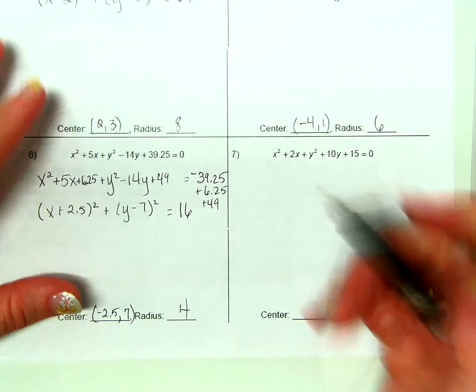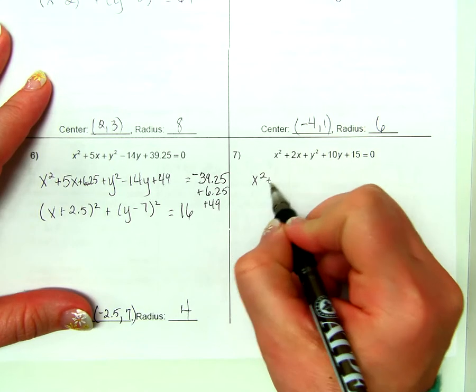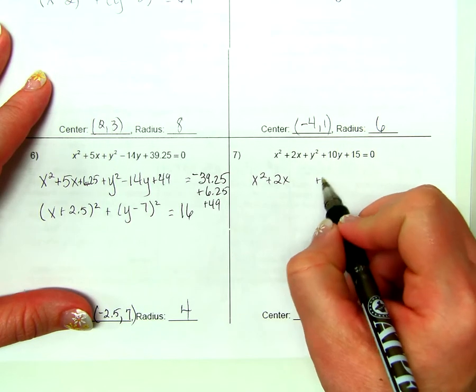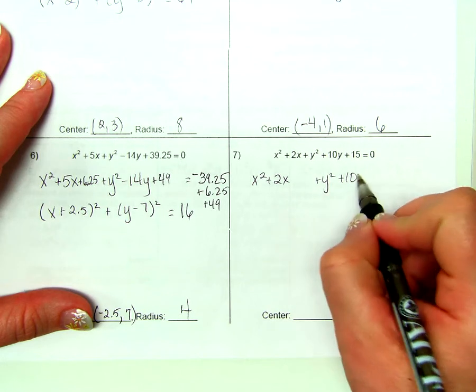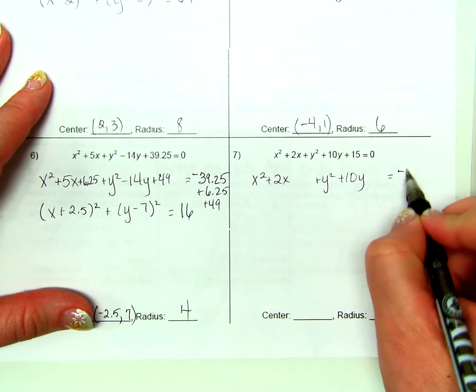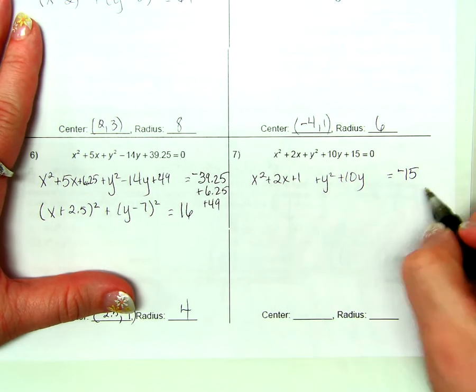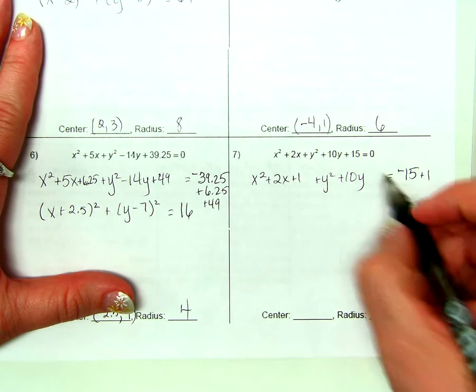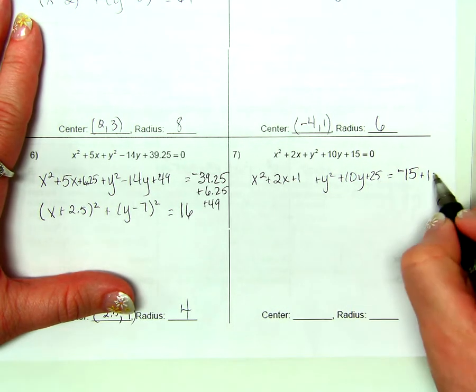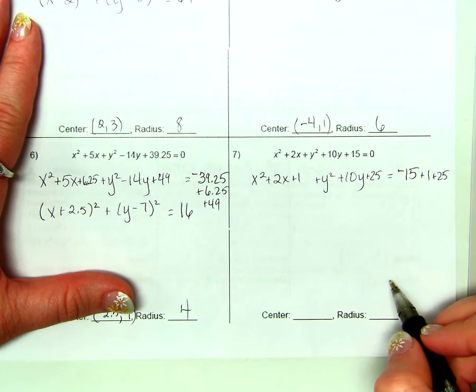Sure? Okay. x² + 2x + y² + 10y = −15. So I have to add 1 here and add 1 here, and I have to add 25 here and add 25 here.